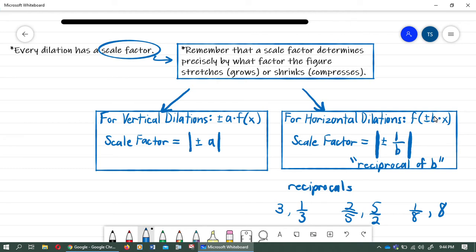So reciprocals, in other words, is where you flip the fraction. For a whole number, the reciprocal is going to be 1 over that number, like 3 and 1/3. Anyway, that's a little reminder about reciprocals. I'm going to erase that.